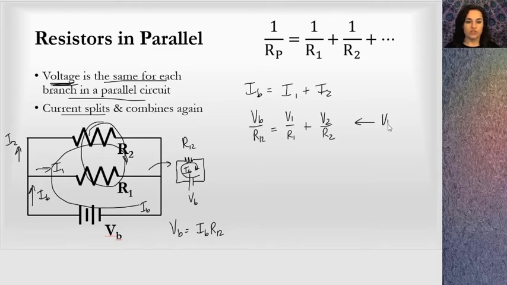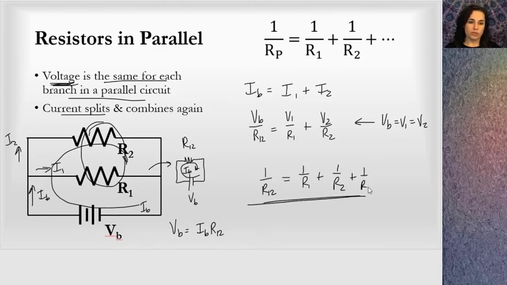So V from the battery equals V1 equals V2. These are all the same value. And so you can see where the equivalent resistance equation for resistors in parallel comes from. Kind of a nifty equation. If I had more branches in parallel, I would just add them on. So that's what that means.